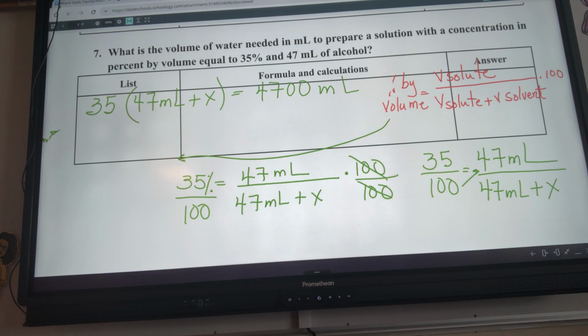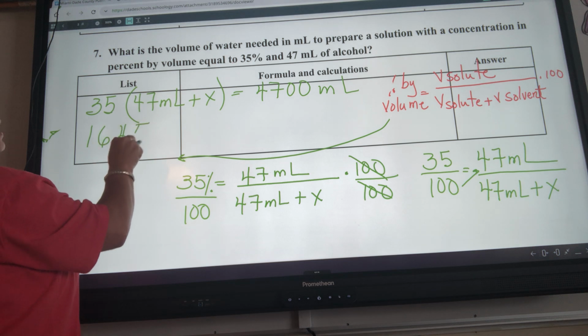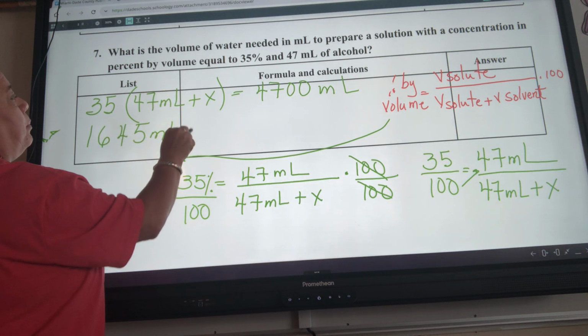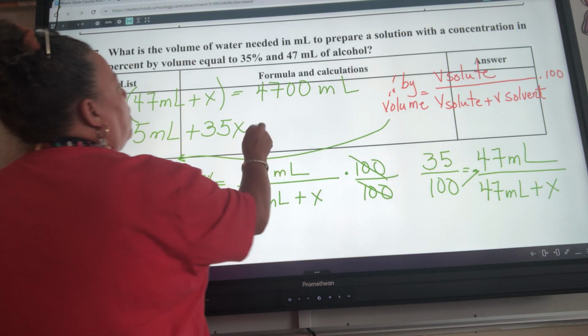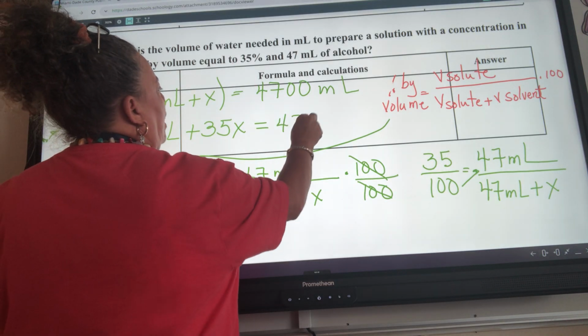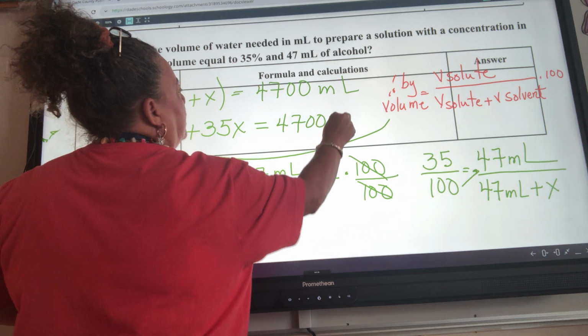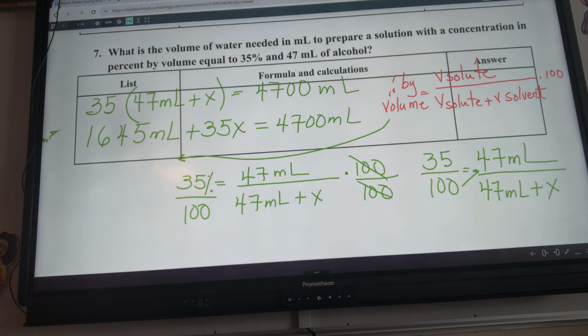35 multiplied by 47 is 1,645 milliliters plus 35x equal. Until there.